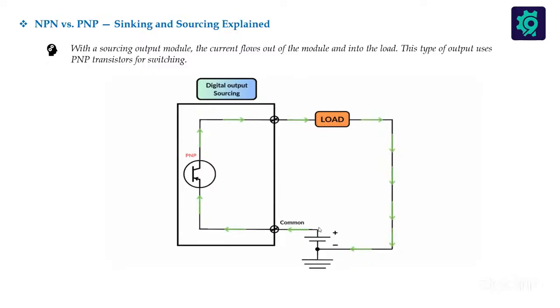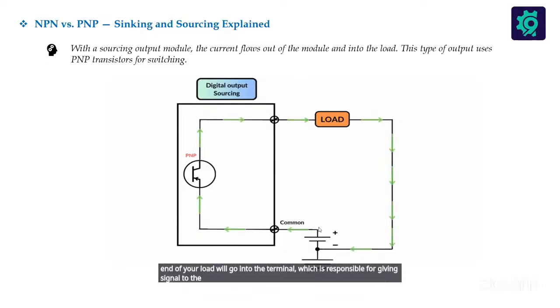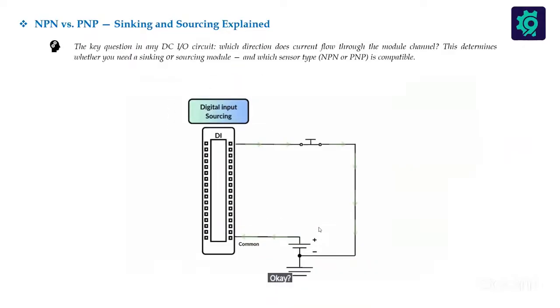So if you have a switch or a bulb that you want to connect, in this case, you connect one leg of it to the negative of your power supply, and then you supply the common of the PLC with positive volt. Then the other end of your load will go into the terminal which is responsible for giving signal to the load.